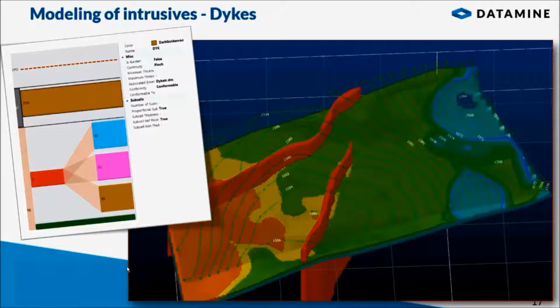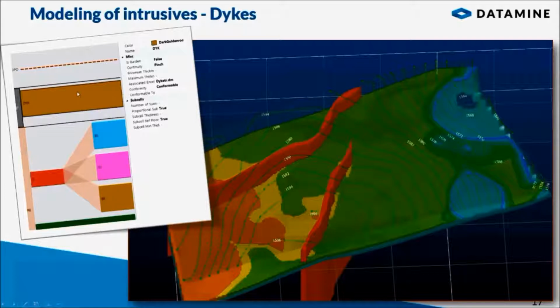So in this case, you can see in this stratigraphic sequence, we associated the dike to a wireframe file, a Dykes TR-DM file, and basically this file is then also used in producing the stratigraphic model.